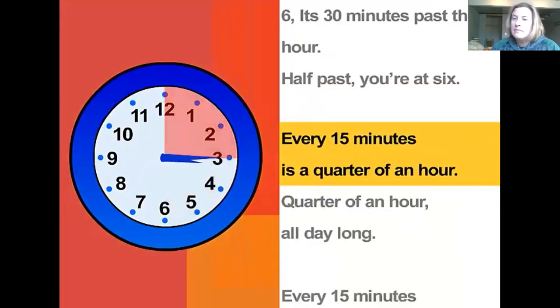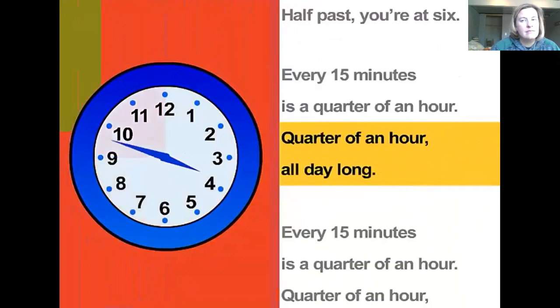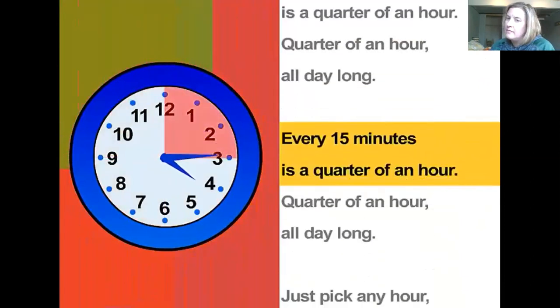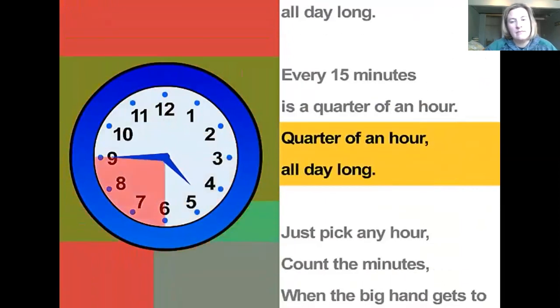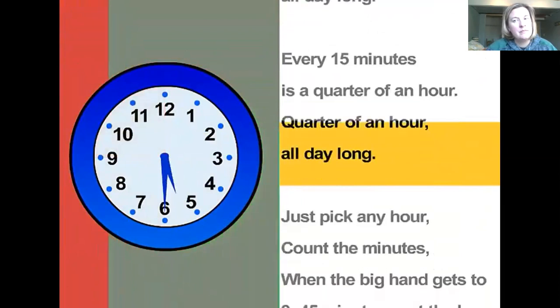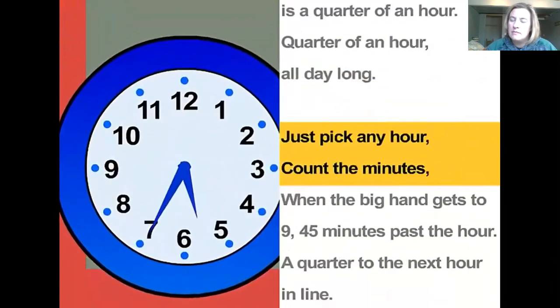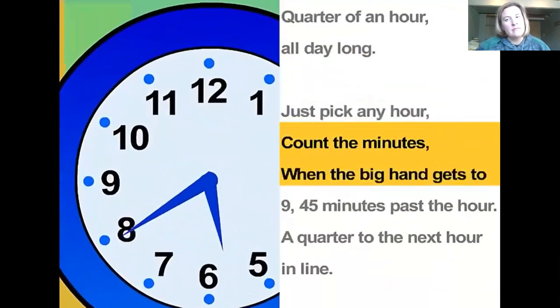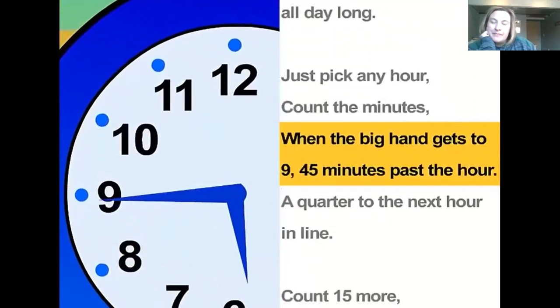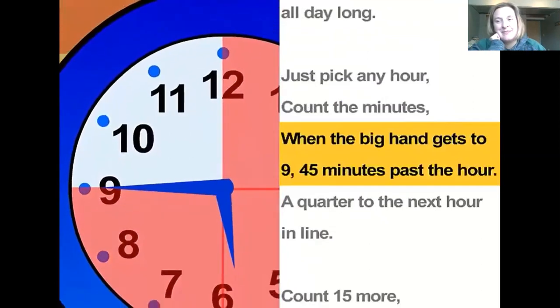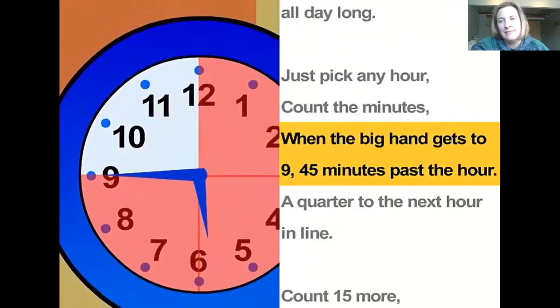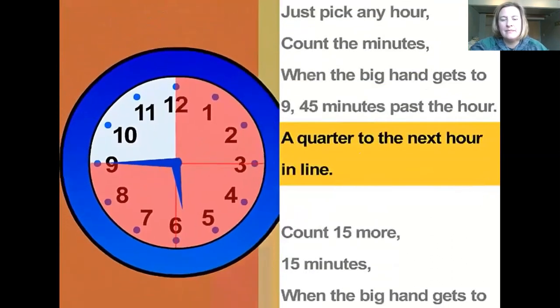Every 15 minutes is a quarter of an hour, quarter of an hour all day long. Just pick any hour, count the minutes. When the big hand gets to 9, 45 minutes past the hour, quarter to the next hour in line.